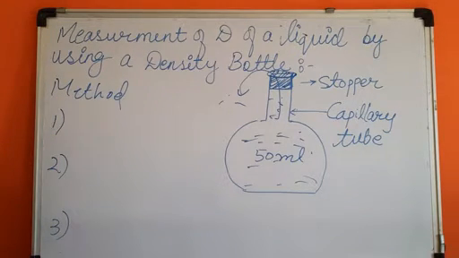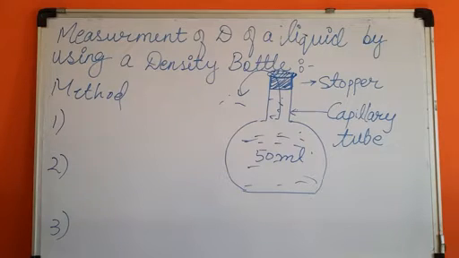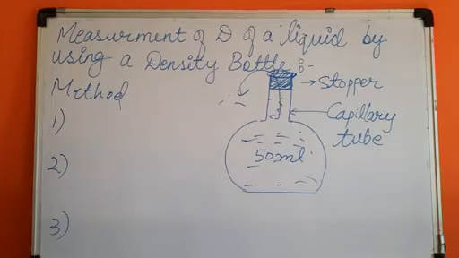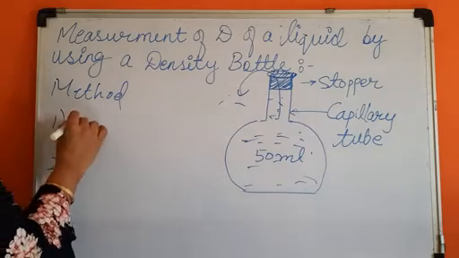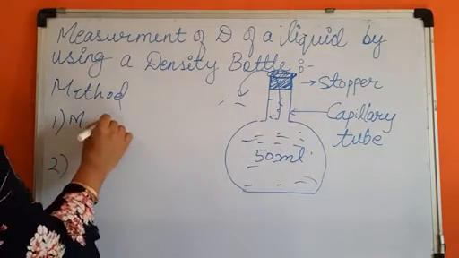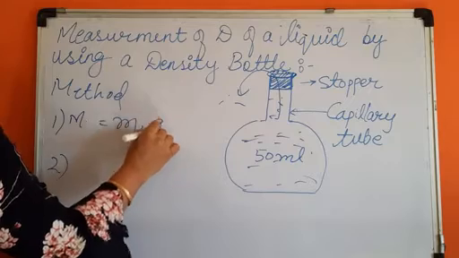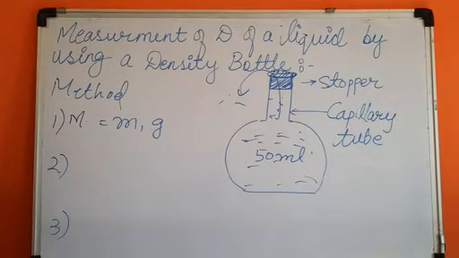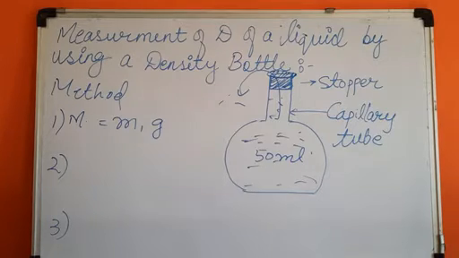Method: Wash the density bottle with distilled water and then dry it in hot air. Insert the stopper and find its mass on a physical balance. Initially, the mass of the empty bottle is m1 grams. Next, fill the density bottle with distilled water completely and then insert the glass stopper.